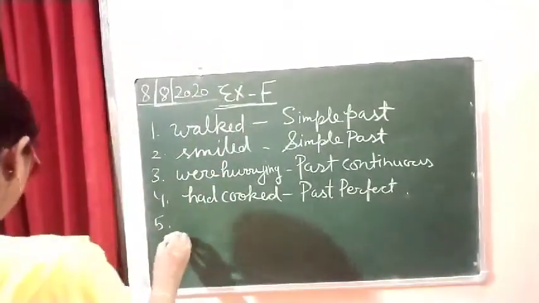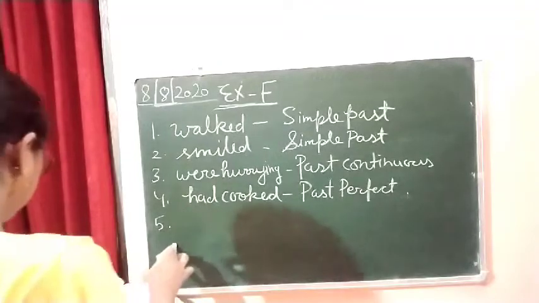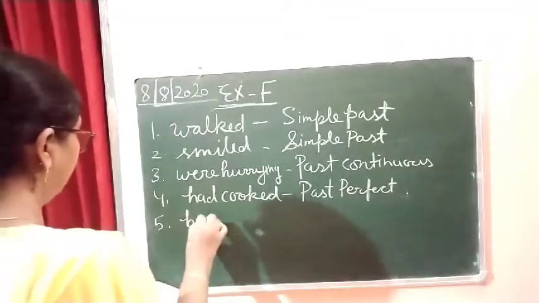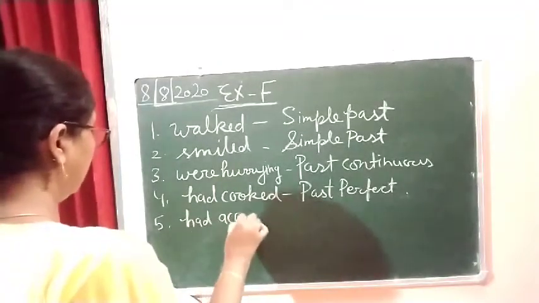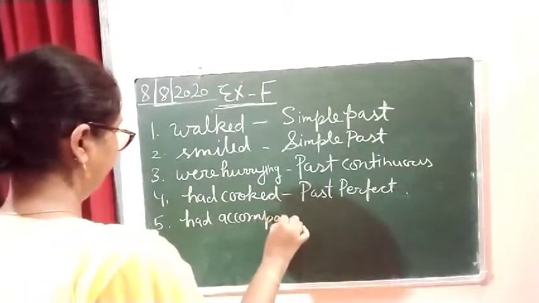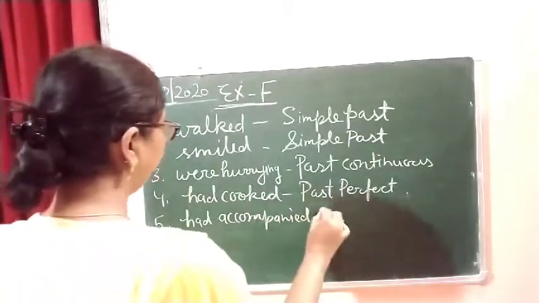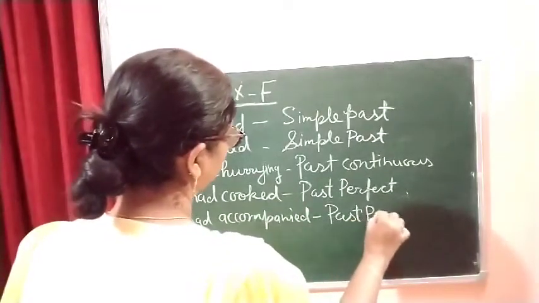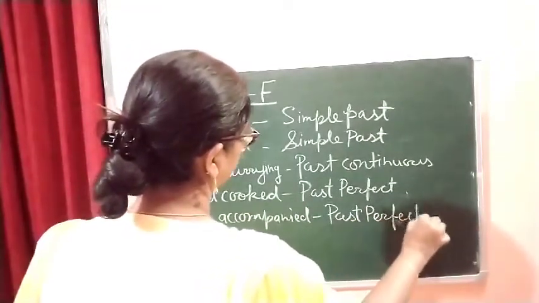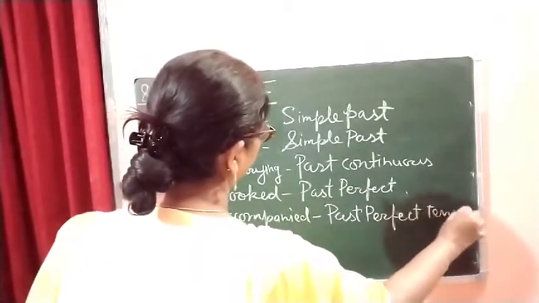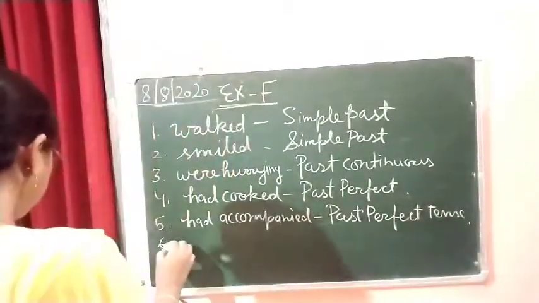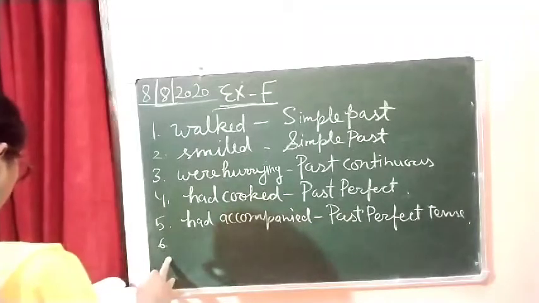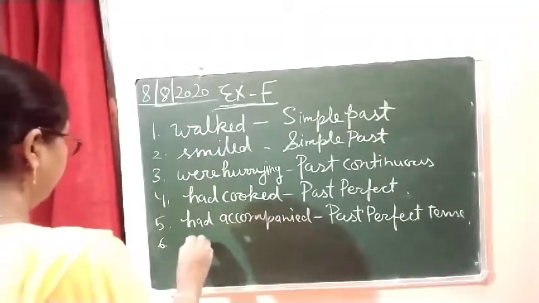Now in number 5, had accompanied. Had accompanied, it is also past perfect tense. Now in number 6, sailed.